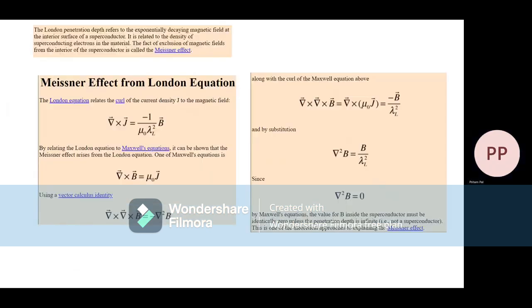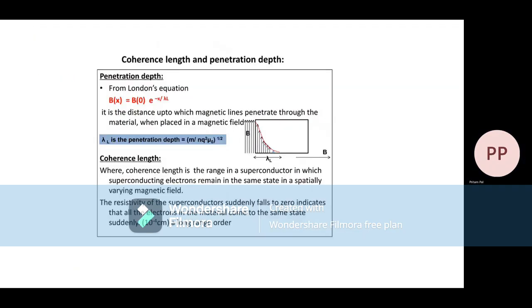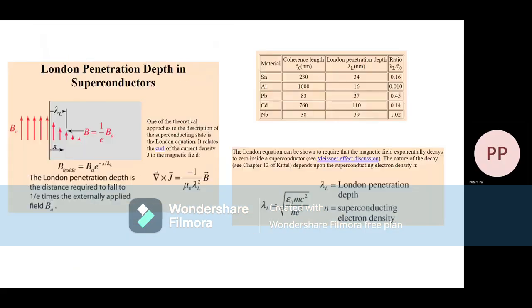As you can see, the London penetration depth is basically the distance required for the magnetic field intensity to fall to 1 over e times the externally applied field B. Once the applied field inside the superconductor becomes 1 over e times the applied field, that distance is called the London penetration depth.